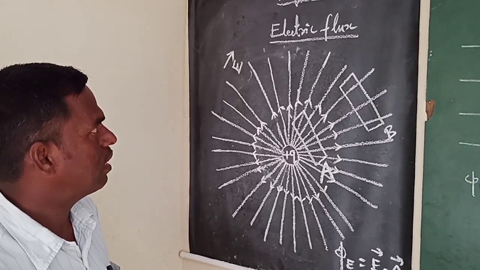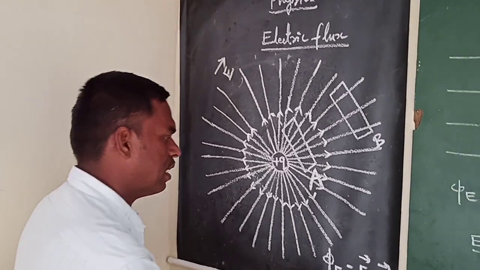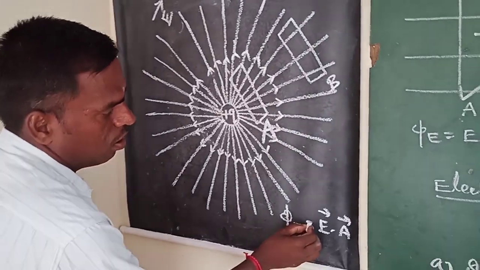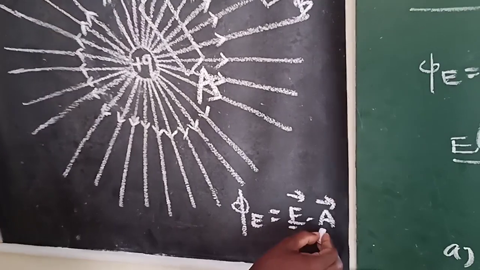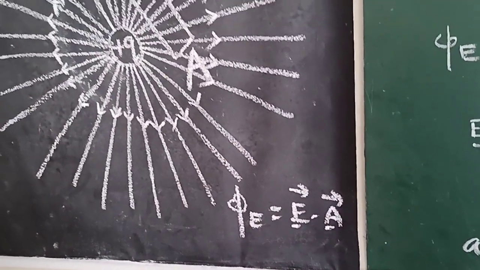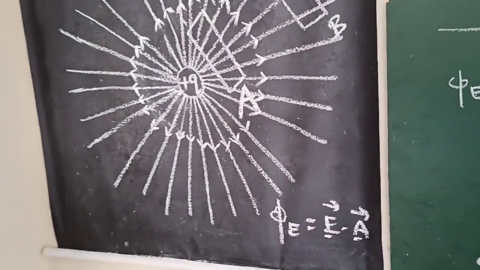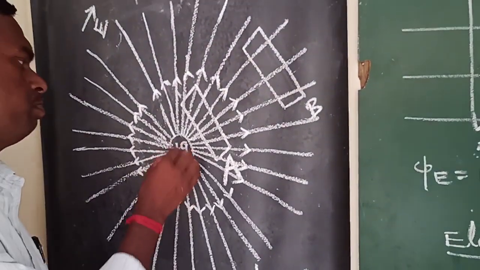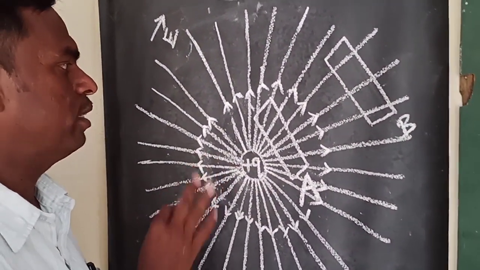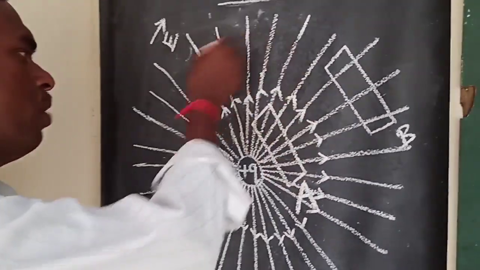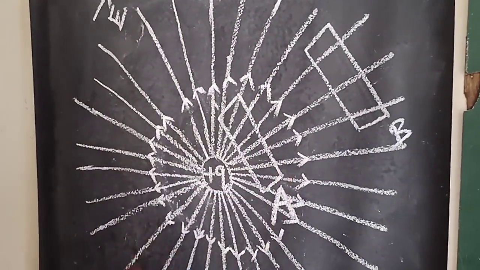So the quantity of electric flux is the product of electric field and area. Let us consider the charge plus Q, a positive point charge. Around the point charge, a field is created.